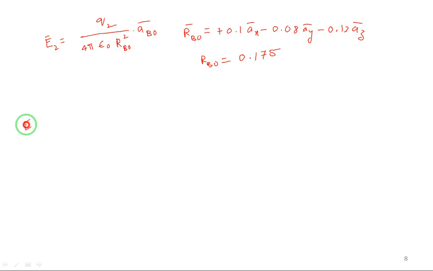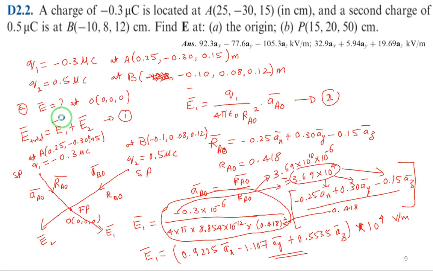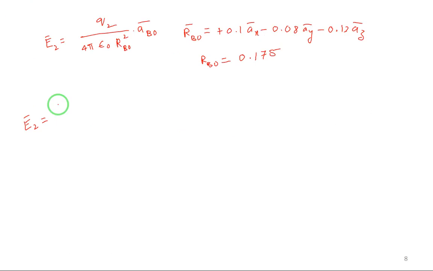Okay, we'll continue. E2 vector is equal to, so what is Q2? Q2 is, what they have given, 0.5 microcoulomb. Let me write it, 0.5 microcoulomb.